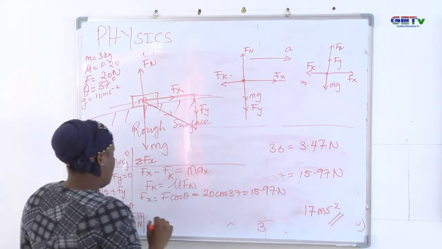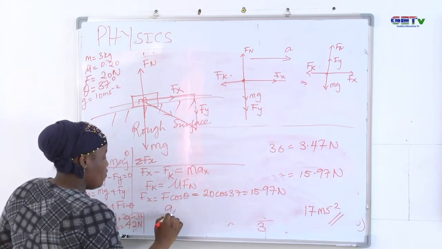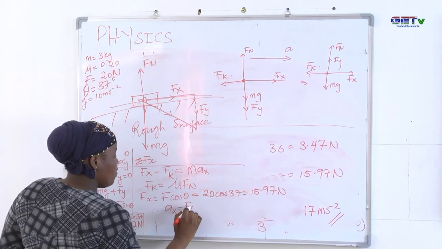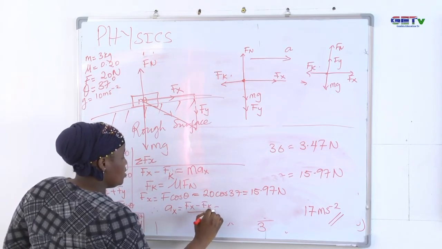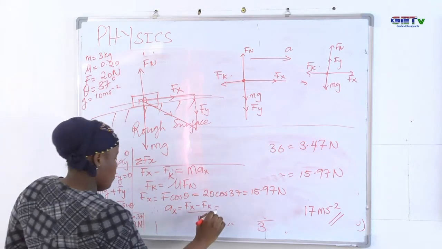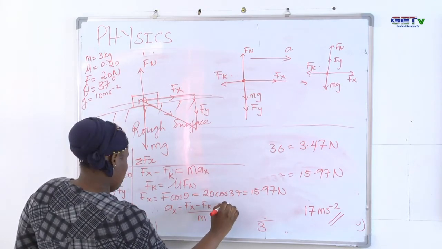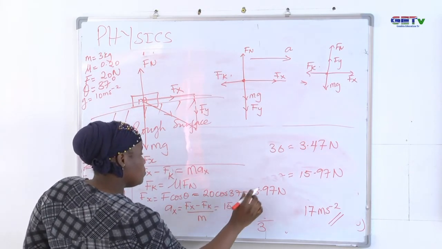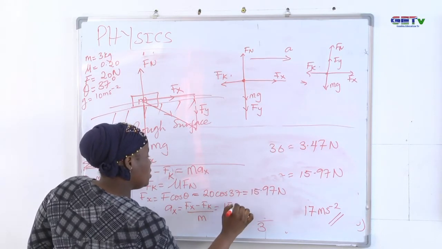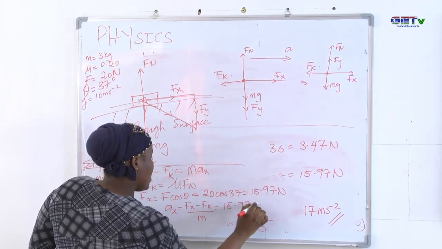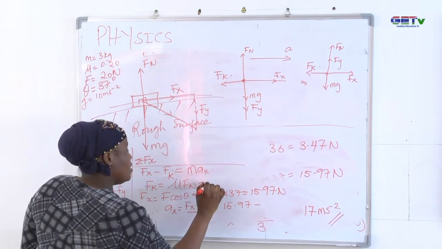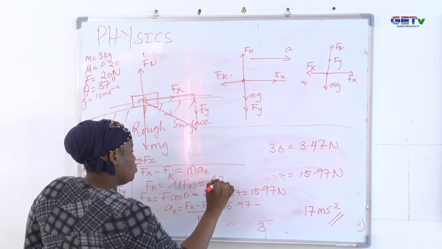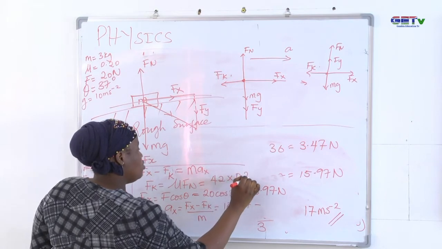That should be 15.97 Newton. Therefore, a of x will be equivalent to Fx minus Fk all over m. Fx is 15.97 minus Fn times mu. Fn is 42 and mu is 0.2.